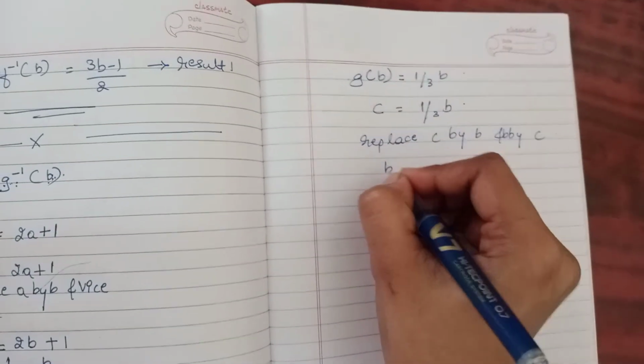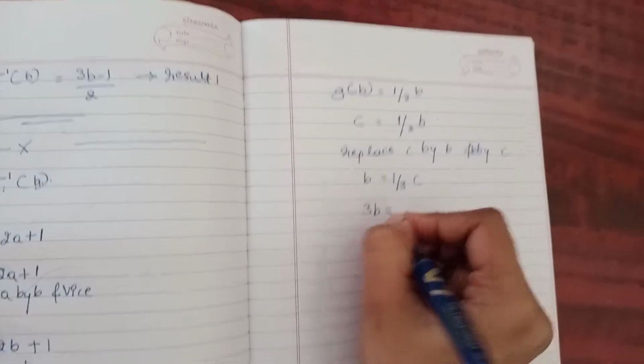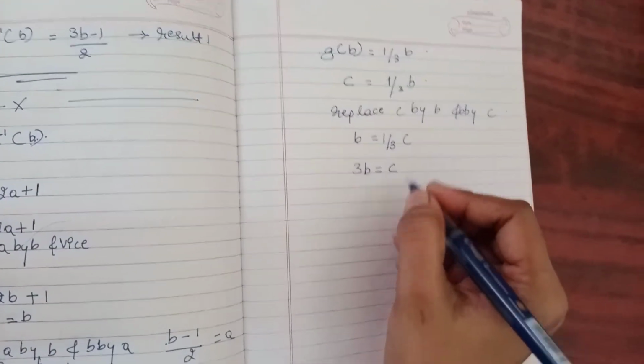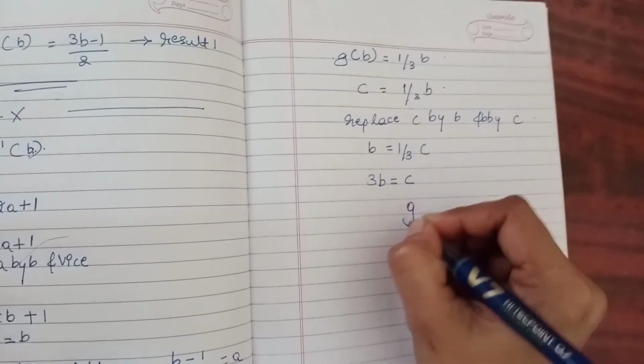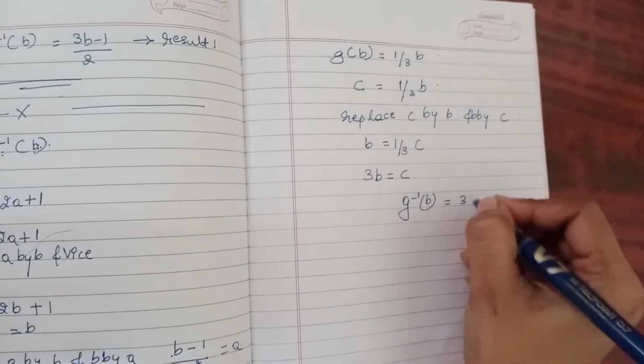Then it becomes 1 by 3 of c, which gives 3b is equal to c, where c can be replaced by the inverse, so g inverse of b is equal to 3b.